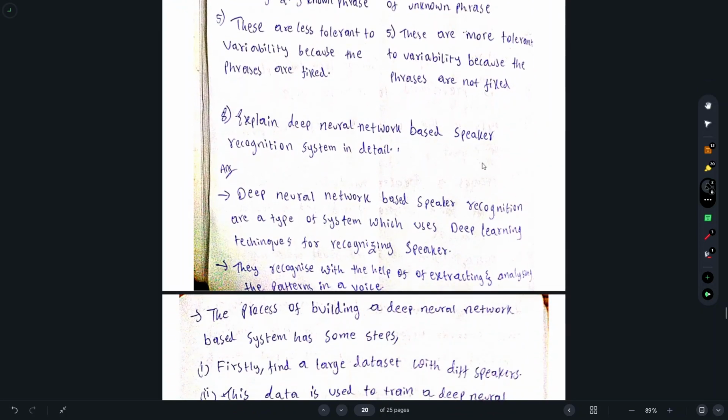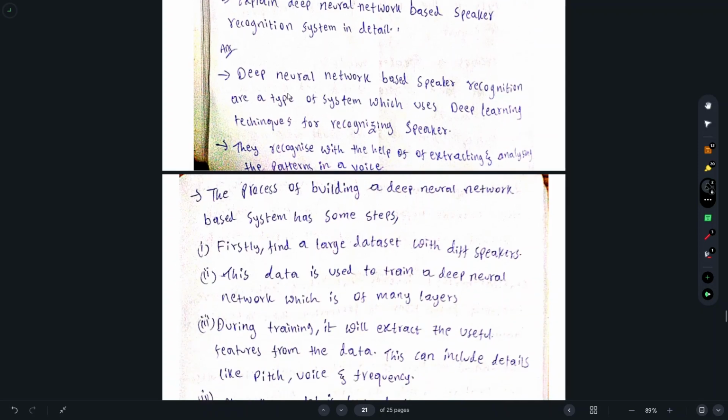So explain the deep neural network based speaker recognition system. A deep neural network based speaker recognition system needs a high level of labeled data with which we can train a model, and after training we can analyze and extract patterns. It uses deep neural network techniques for recognizing speakers.